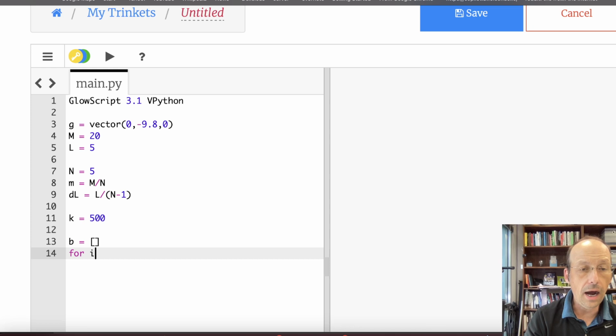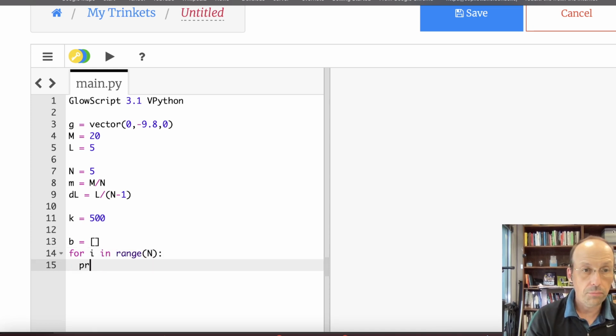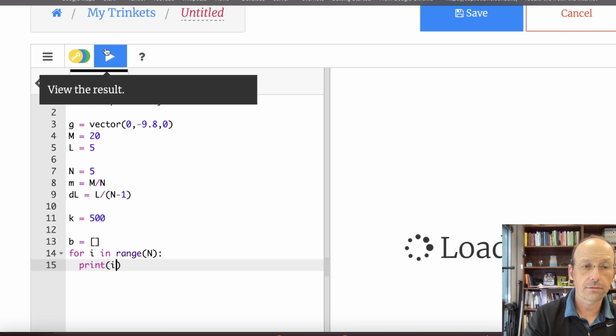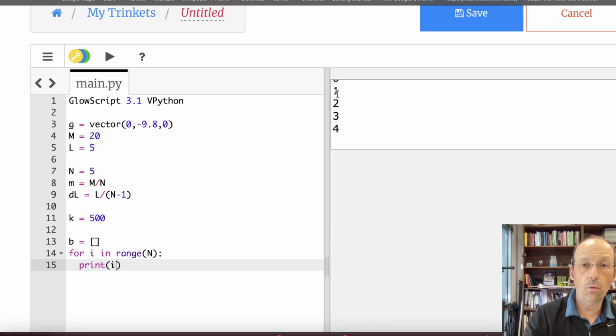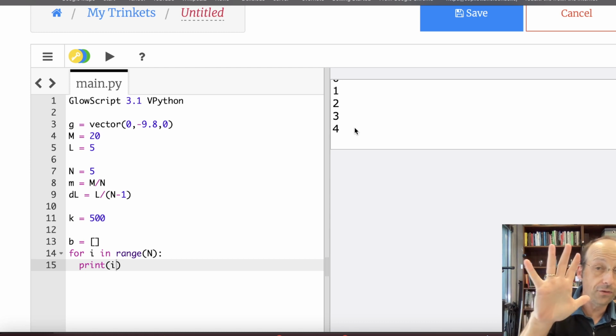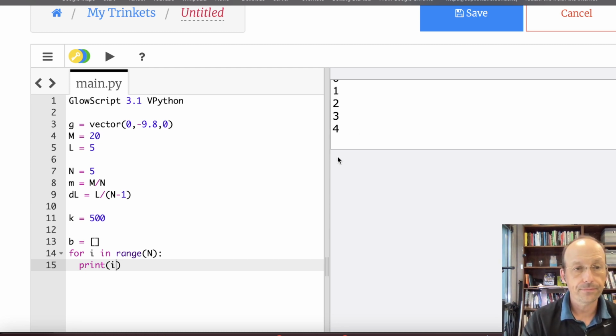For i in range N, print i. So this will go through i from 0 to N. I'm going to print it just so you can see how this list works. And so I get 0, 1, 2, 3, 4. So it is 5 total things, but it starts at element number 0, and that's fine.